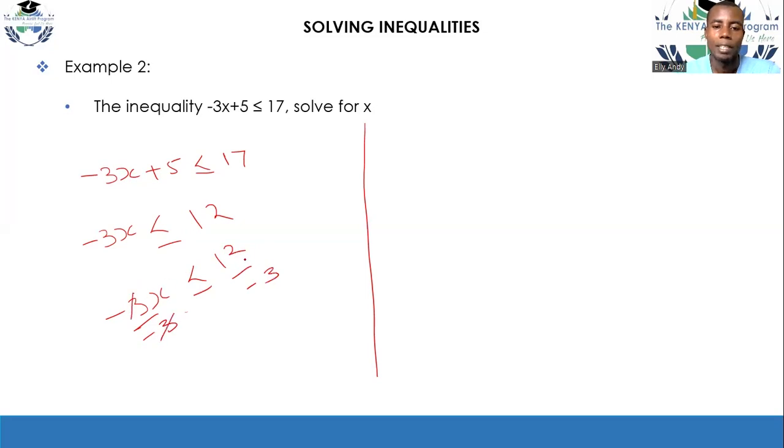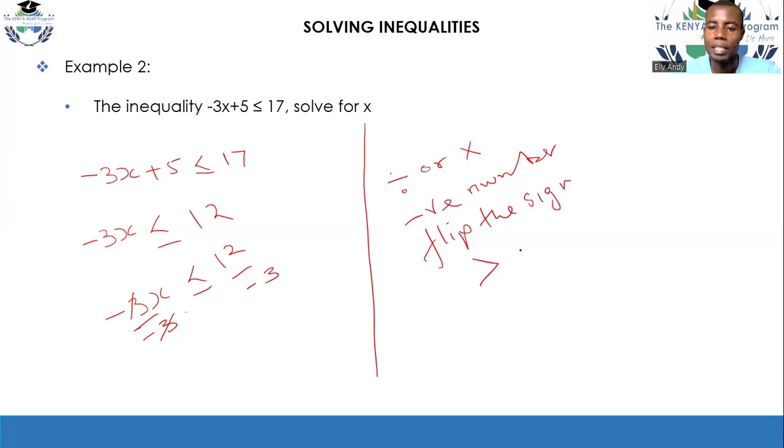Before we simplify this further, let's remind ourselves of something here. For inequalities, when you divide or multiply by a negative number, then you have to flip the sign, right? So if the sign was greater than, and you divide or multiply by a negative number, the sign becomes less than. A quick example will illustrate why this should be the case. Let's say you have this inequality of 4 greater than 1.